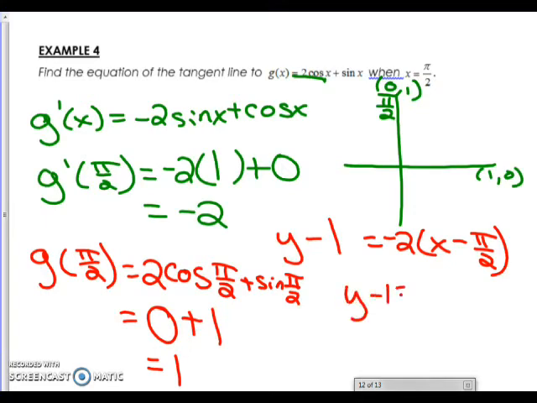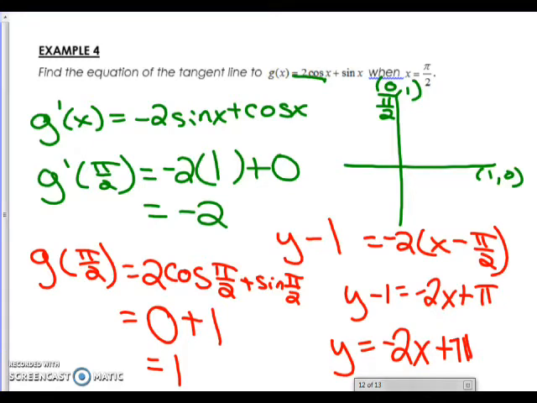You have y minus 1 equals negative 2 times x minus pi over 2, so it'll be a plus pi. So your final answer here: negative 2x, plus pi, plus 1. Not the most beautiful answer in the world, but that's what we got. I would find a way to put that plus 1 into one of those other things.